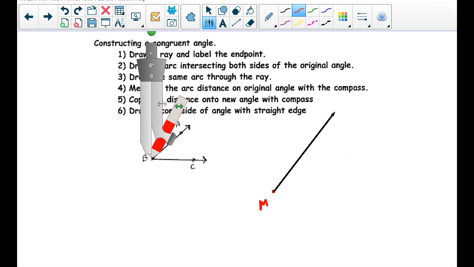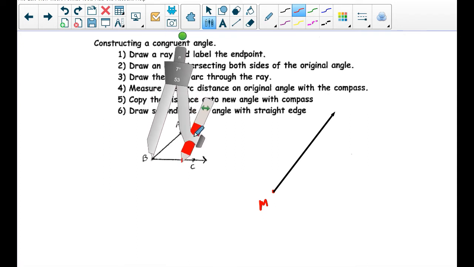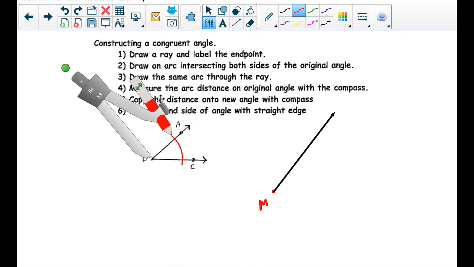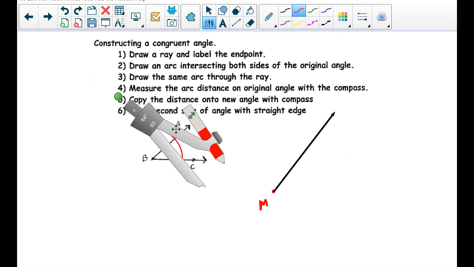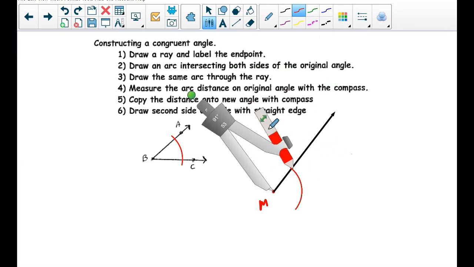So put the tip, again, it needs to intersect both sides. So here, across, and then we're going to do the same thing on the new angle. So making this arc across.